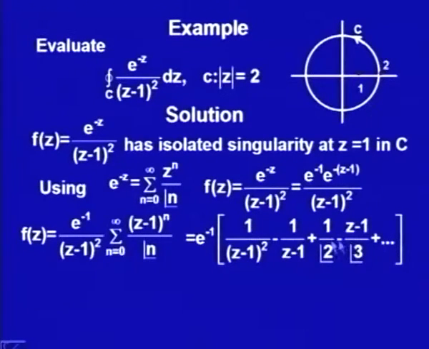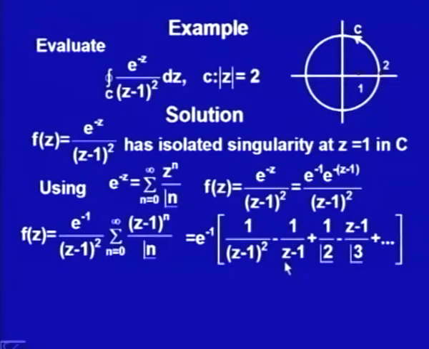After that, these terms would be summation a n (z minus z naught) to the power n, and a naught is 1 upon 2. This is the principal part, 1 upon (z minus 1) and 1 upon (z minus 1) whole square. And so, as I said, from here this has a pole of order 2 at z equal to 1.